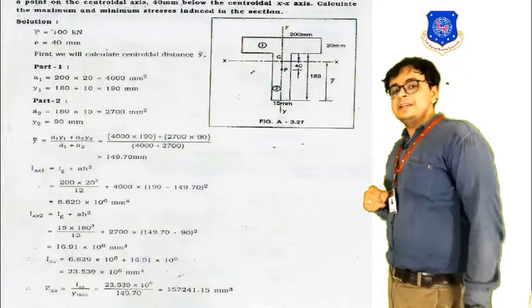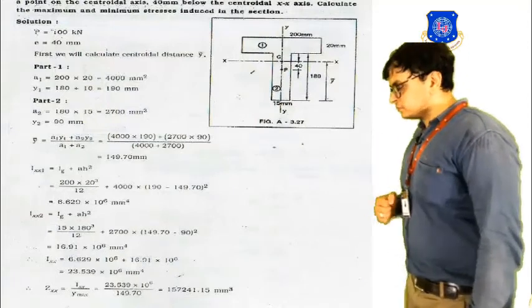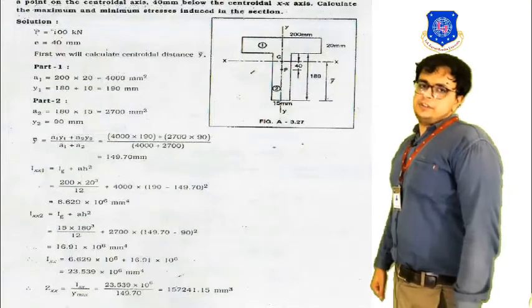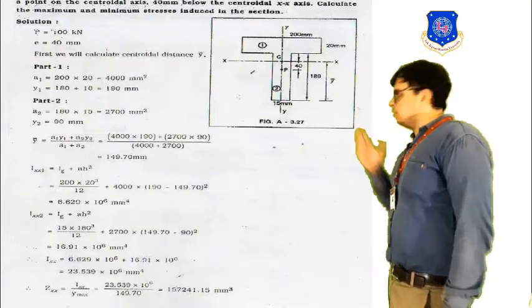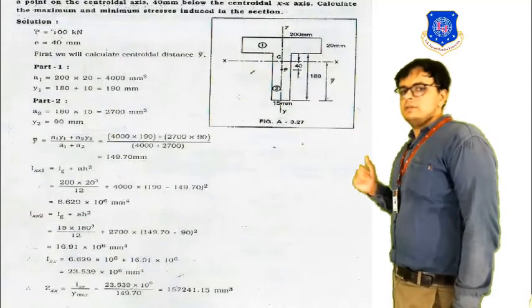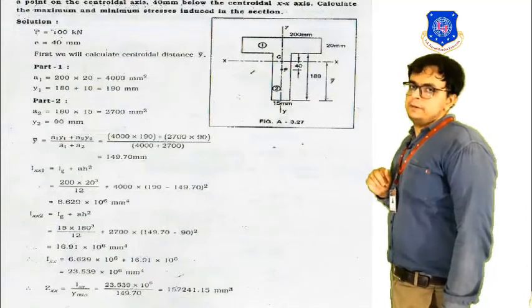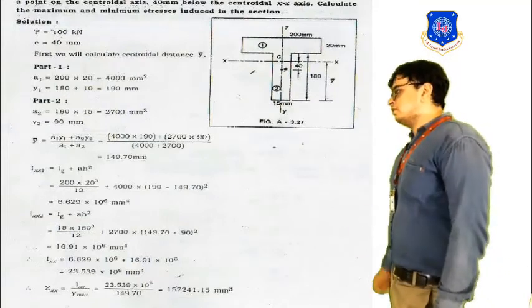The third step will be to find the moment of inertia with respect to all axes. Here we have symmetry along the x-axis, so we have not found it, but if it is necessary, then we need to find it.